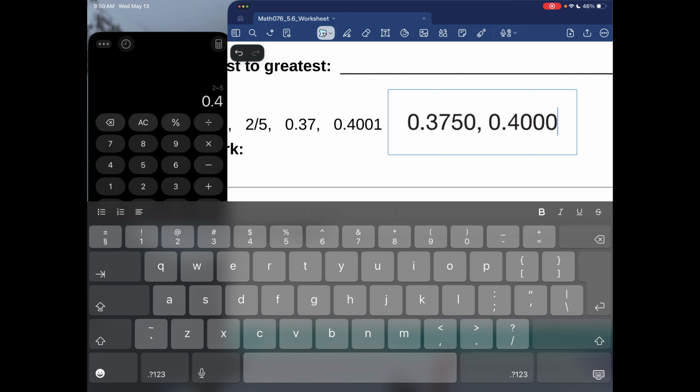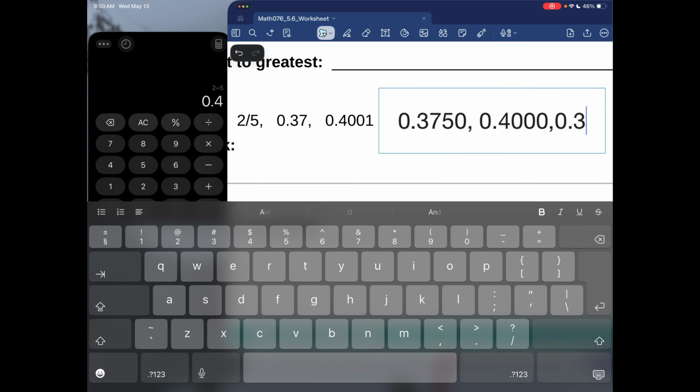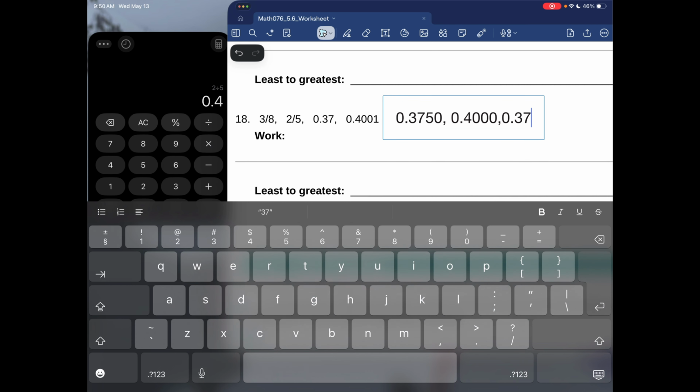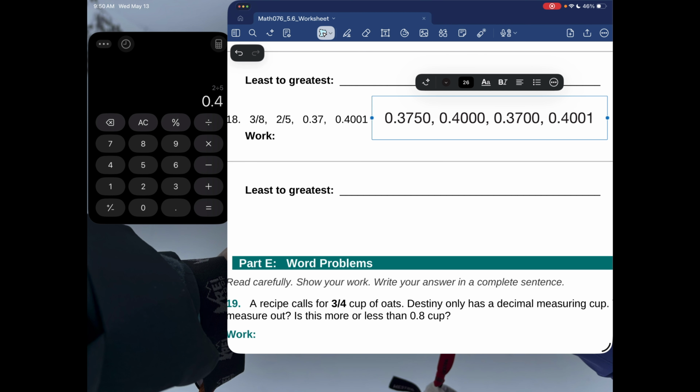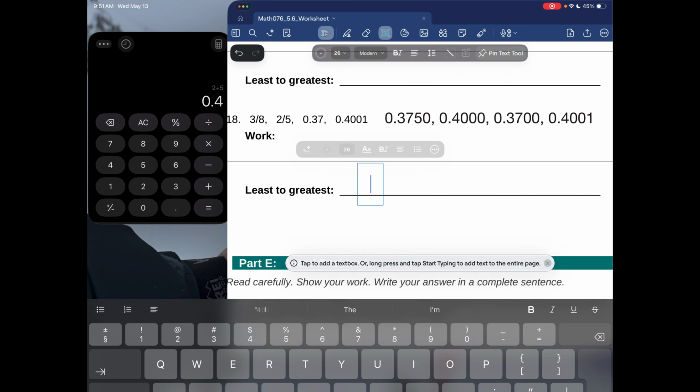Then I've got 0.3700. So now they each have 4 decimal places, and then my last number, 0.4001. Okay, and now I can reorder these and put them in order.